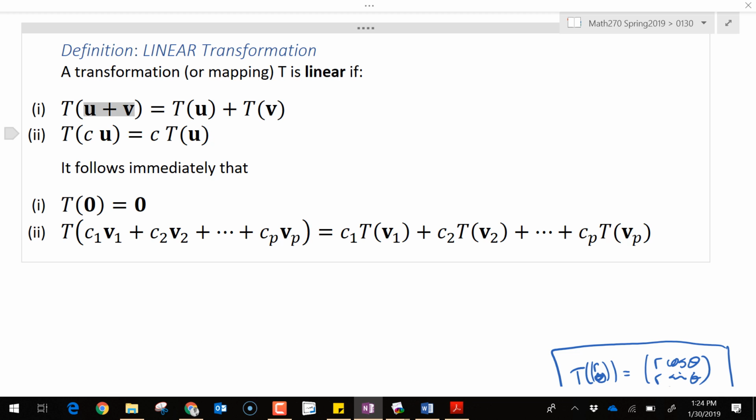I'll find a name for it. Do these properties look familiar? Where might you have used these properties before?